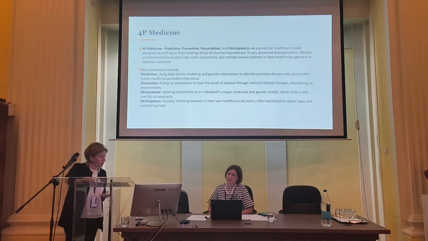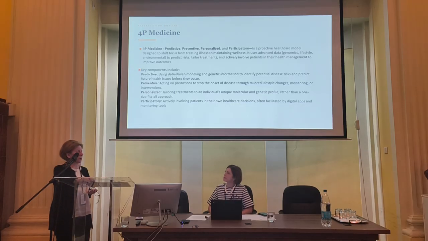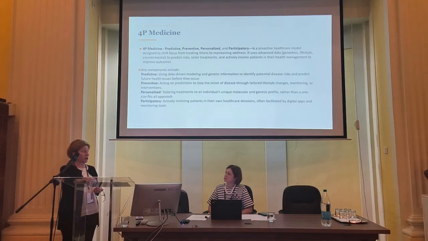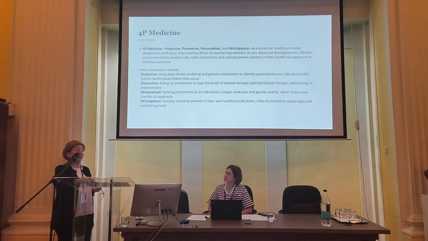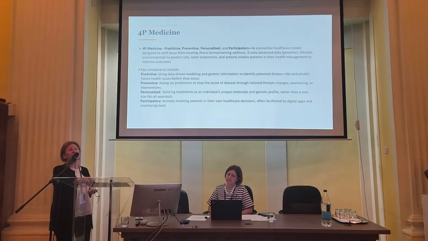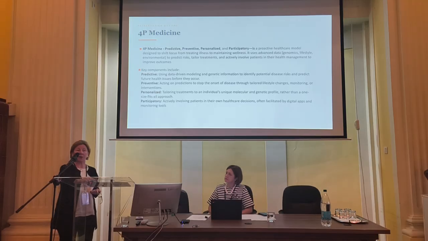And by using this P4 concept, I already explained what is important: prediction, especially in high-risk patients, in order to prevent these diseases, then personalization, and finally participation.